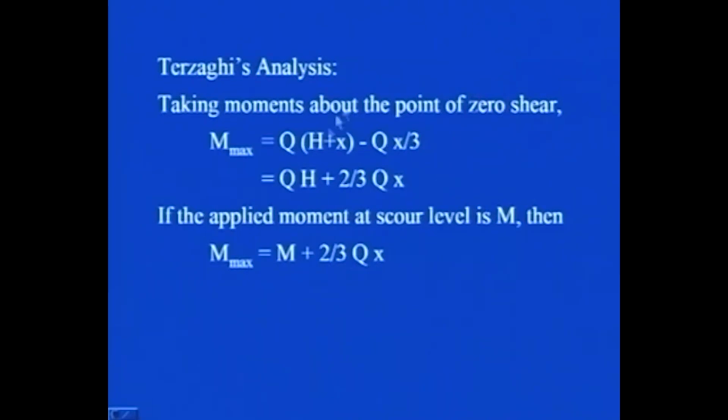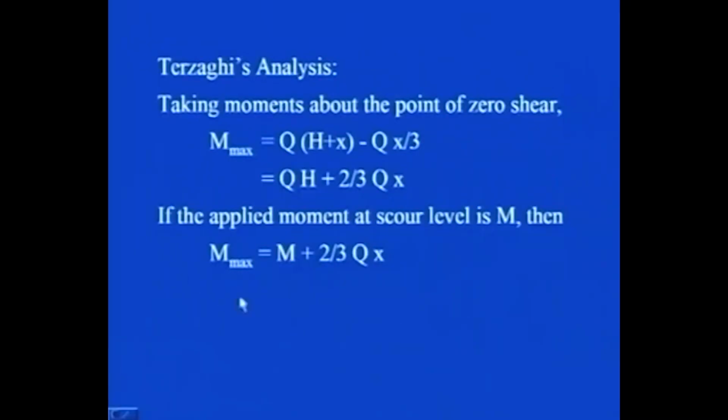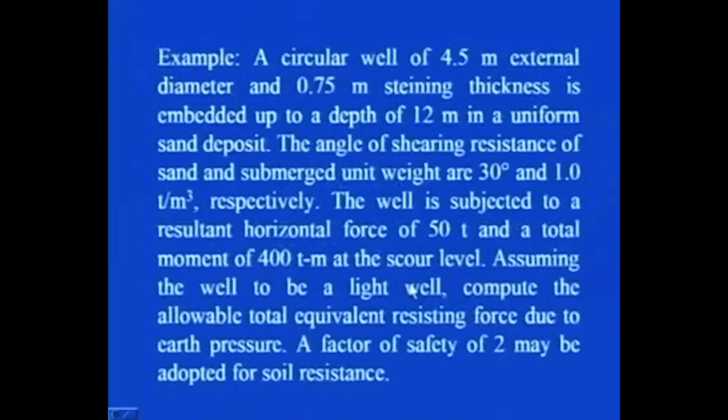That is, this expression is reduced to this one, and the only change is that Q into h is replaced by M, where M is the applied moment. Because if the applied load Q acts at a height of h above the scour level, then Q into h is the moment, and if I directly know the applied moment at the scour level, I can substitute it in this expression to get the value of the maximum bending moment.